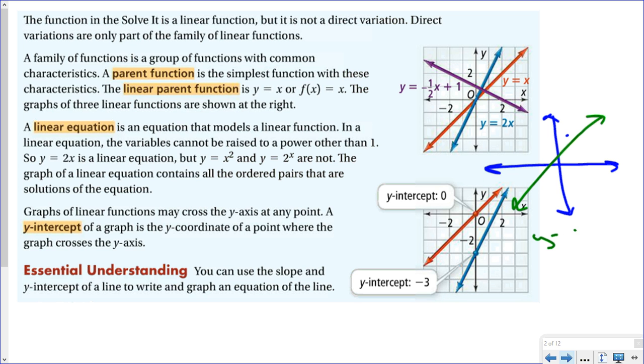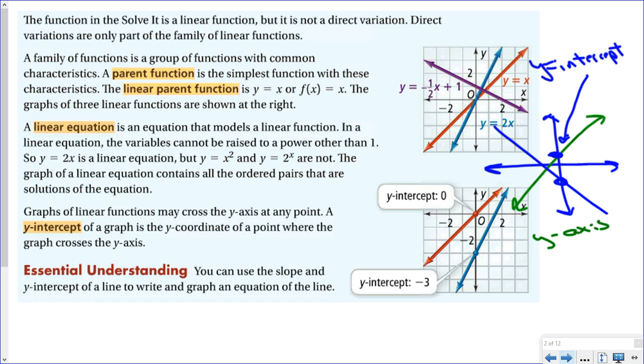Wherever it hits, in this case this spot right here, that is your y-intercept. In this case it went up, so it'd be like a positive 1. If your y-intercept would be down like so, it'd be like -2. Just depends on the problem.